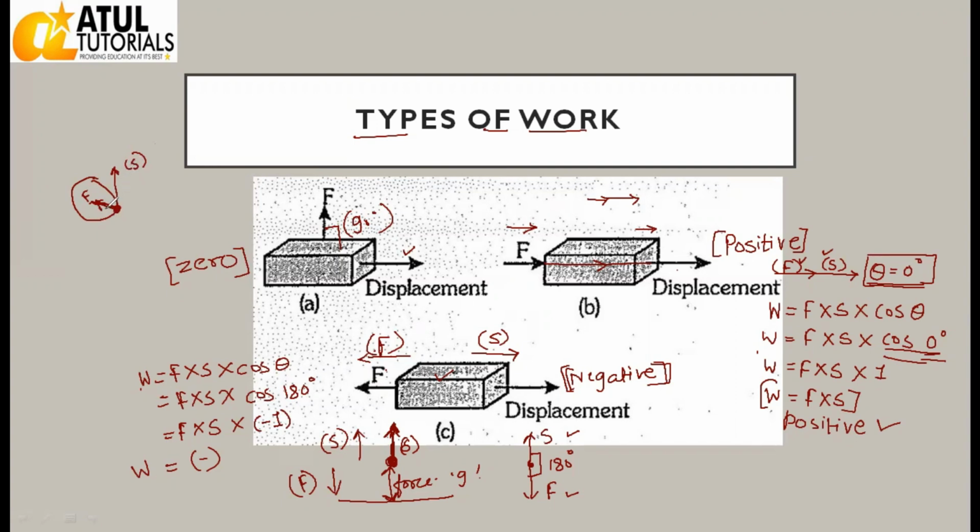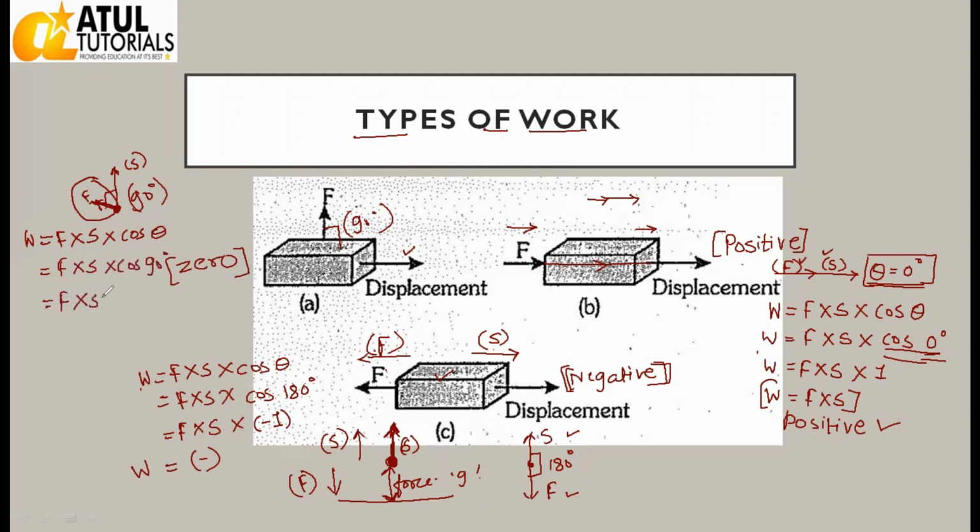So the angle between force and displacement is 90 degrees, and if we calculate work done for this case, work done is equal to F into S into cos theta, which is equal to F into S into cos 90.